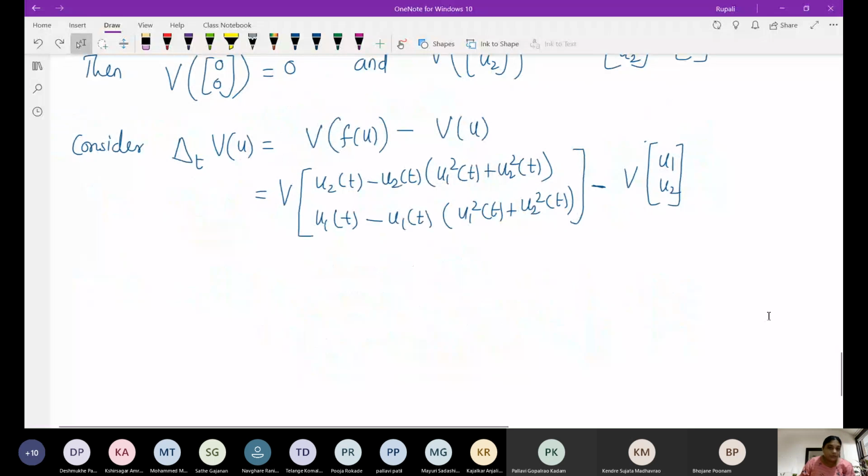So what is V at f of u? Again first coordinate square plus second coordinate square, right?